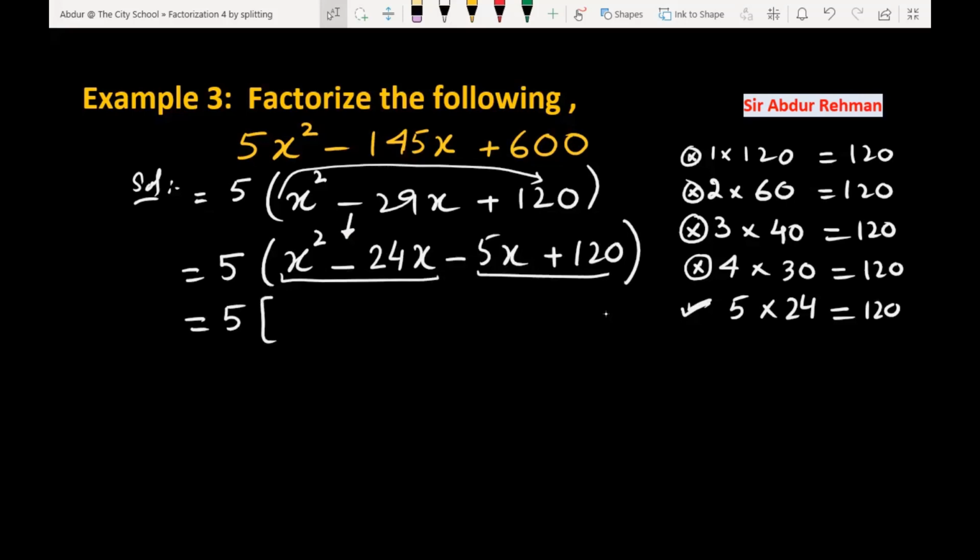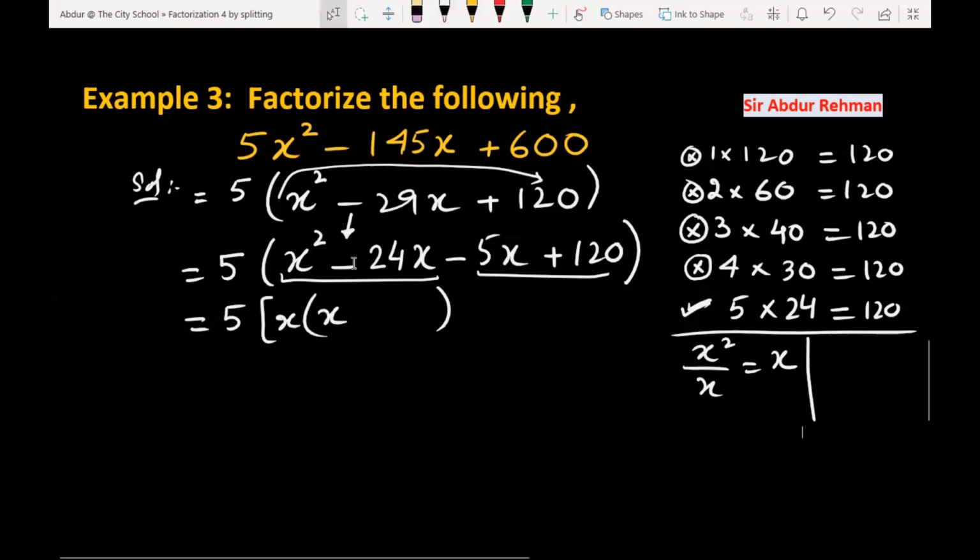you have to take common. In the first group, the common is x here, and the bracket: x squared divided by common x is x here. So I'm going to write x, and minus 24x divided by x cancels out, minus 24 here.